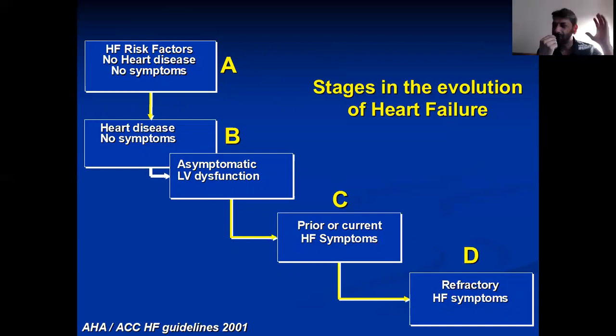Now just think of examples of that. Stage B: heart disease without symptoms. There are conditions in which you have started having compromise of LV function, but no symptoms at all. At that stage, you will keep your patient in stage B heart failure.